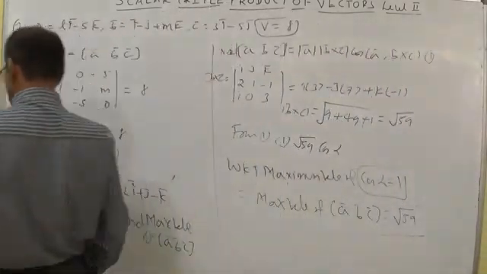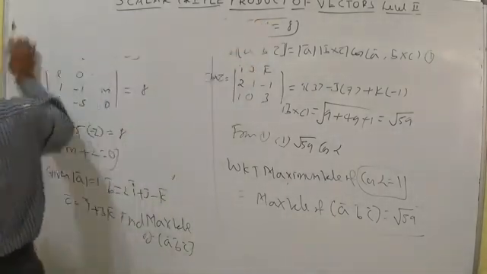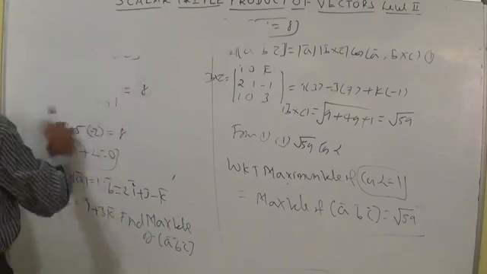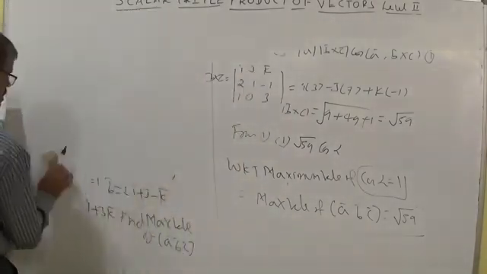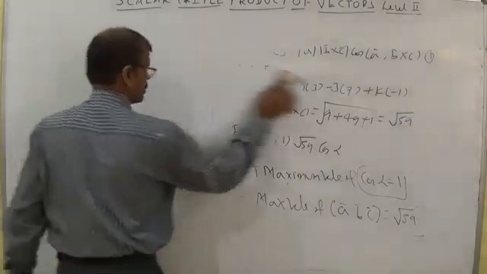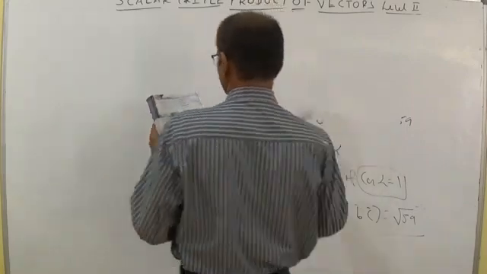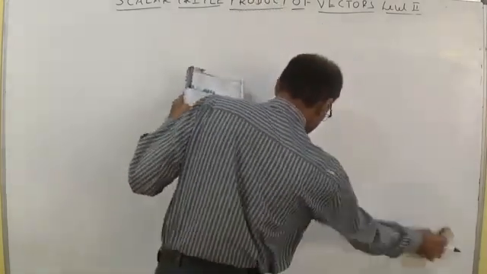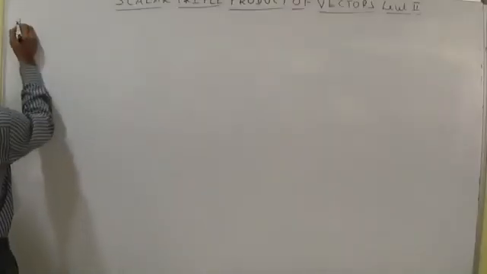Now, 8th question completed. 9th one. X into A cross B plus Y into B cross C plus Z into C cross A is equal to R bar. That is the given vector. So R bar vector is given as related with A cross B, B cross C and C cross A. 9th one.